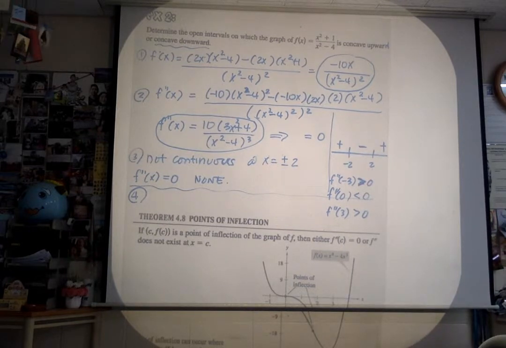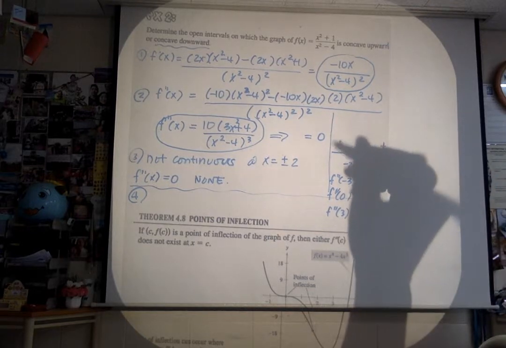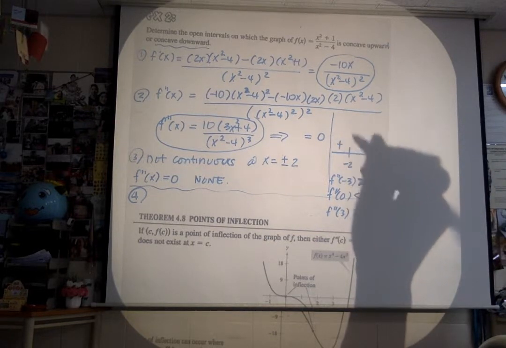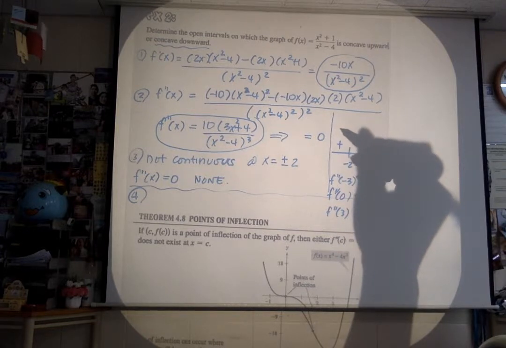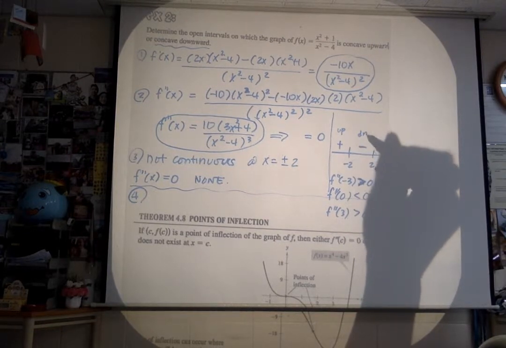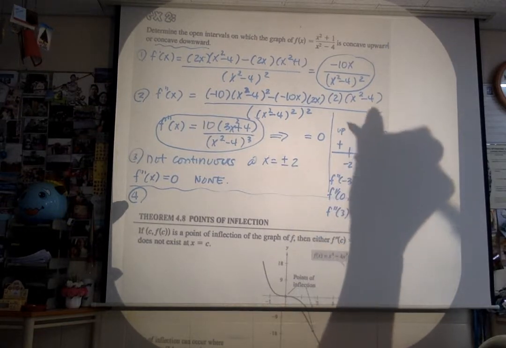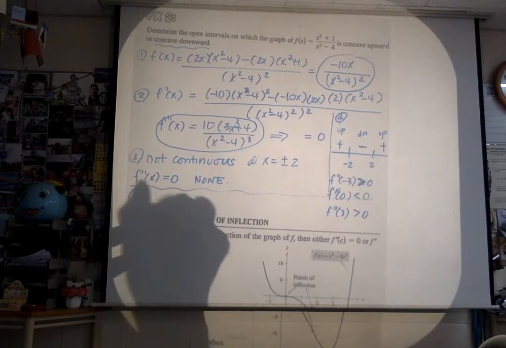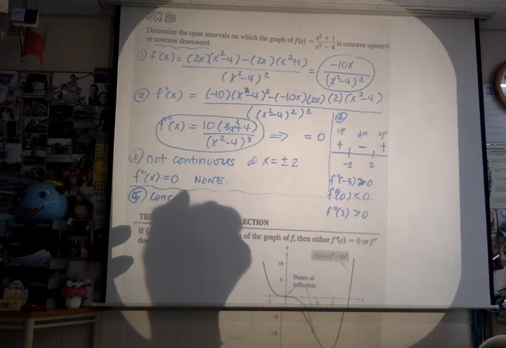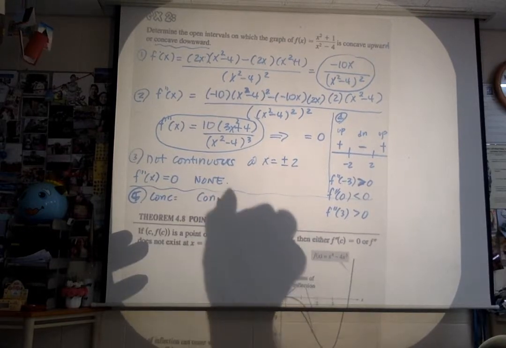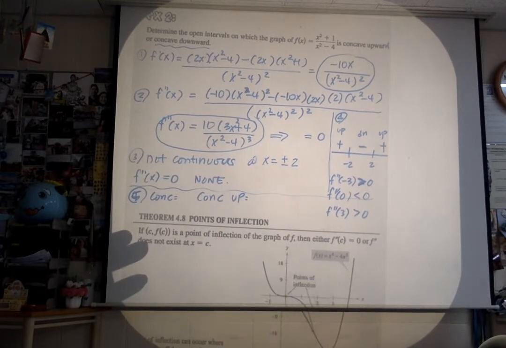So you see, I did the second derivative. Right now we're not discussing increasing or decreasing. We're trying to see the concavity: where does it concave up, where does it concave down? Anywhere that's positive means it's concave up. This means it's concave down, and this means it's concave up. So let's conclude. This is our fifth step, the conclusion: concave up, what intervals?